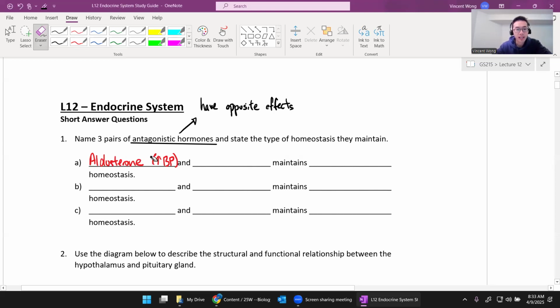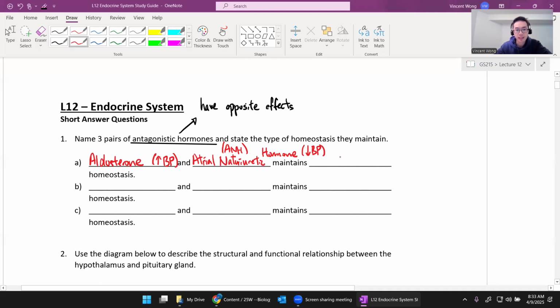And the hormone that goes against that would be the atrial natriuretic hormone. Okay, that would be ANH for short, comes from the heart, and this one would lower the blood pressure.